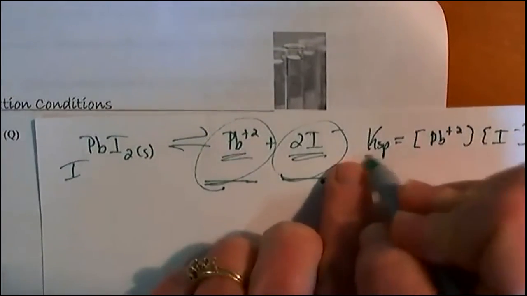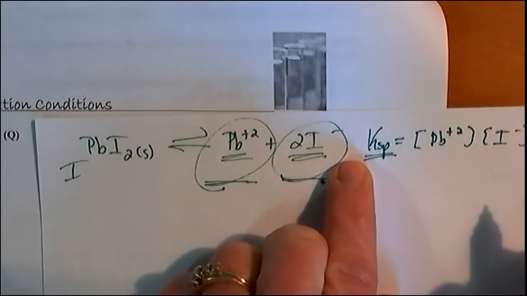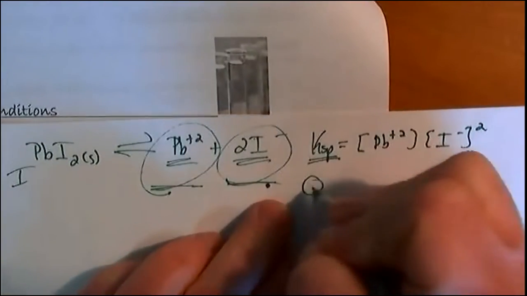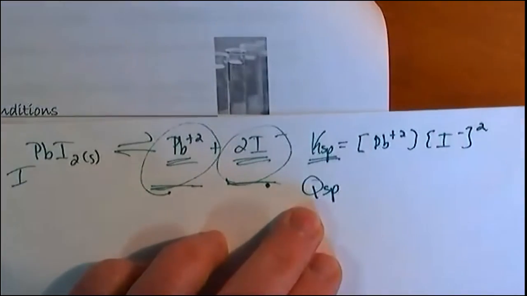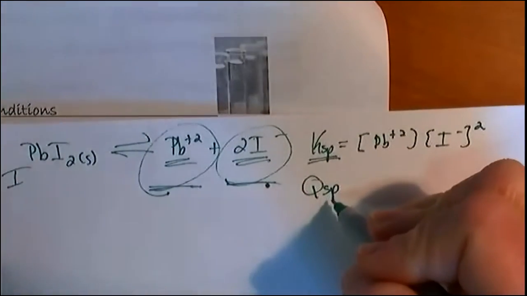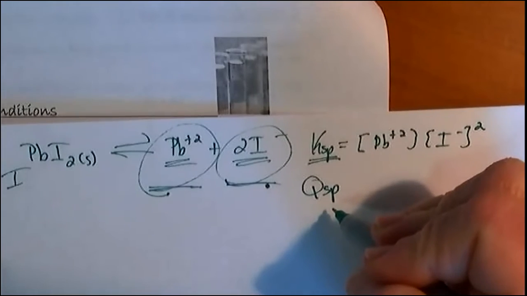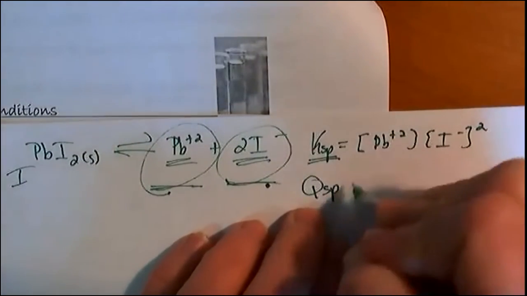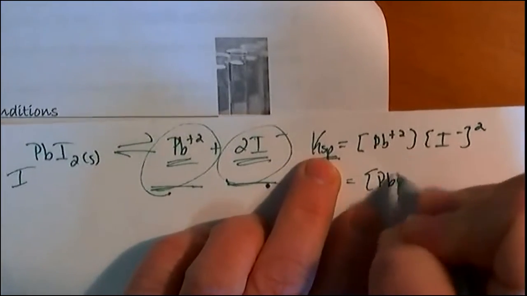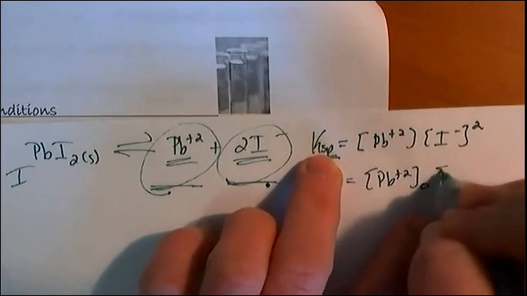Do I have the concentration there to meet KSP? So we have QSP. Remember, QSP is just when we're questioning if we're at equilibrium or not. And so these are usually what we're looking at as initial amounts.